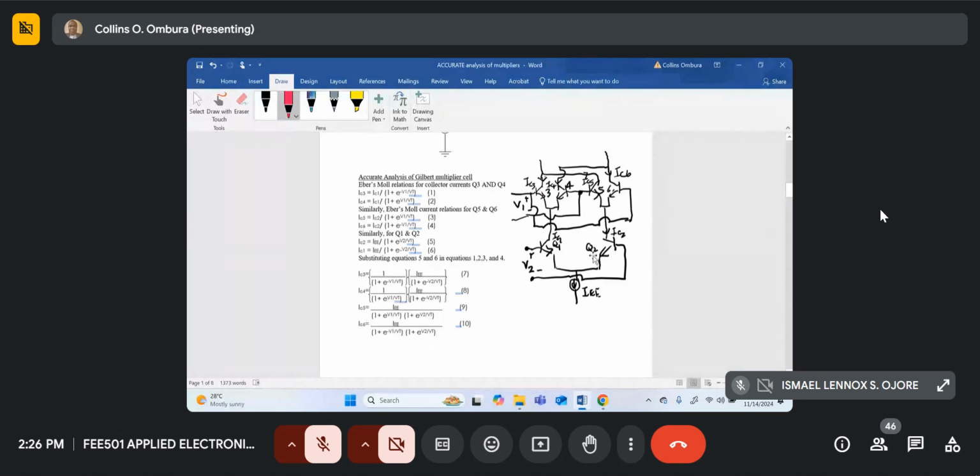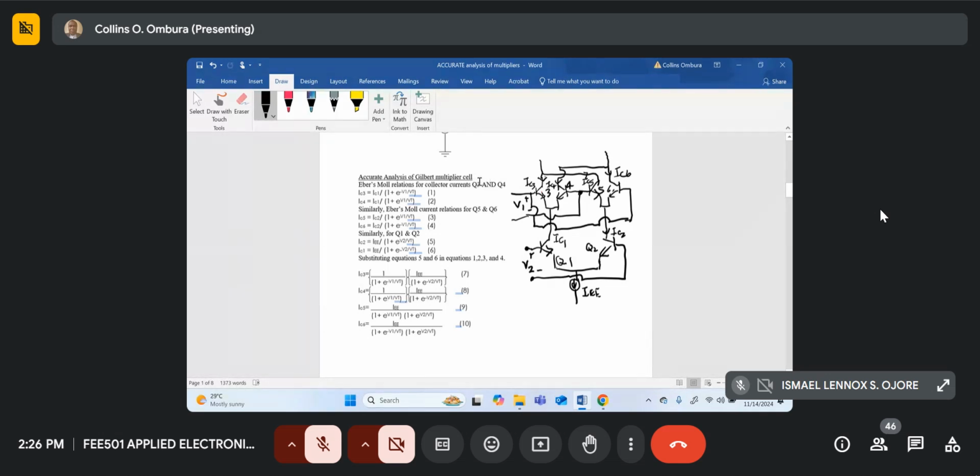And therefore, the collector current of the bottom one is IC1. Let me see if I can write it neatly. So this is your Q1 transistor. Let me sketch it again over there because the equations are close to it. So let's apply the Ebers-Moll current relation to transistors Q3 and Q4.